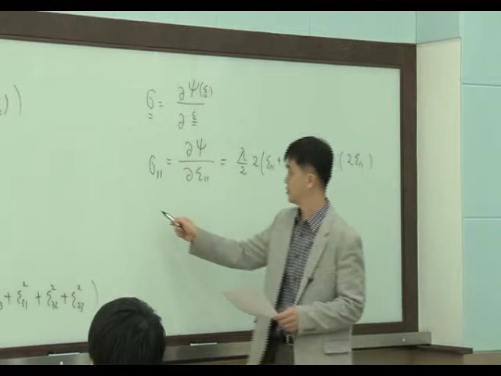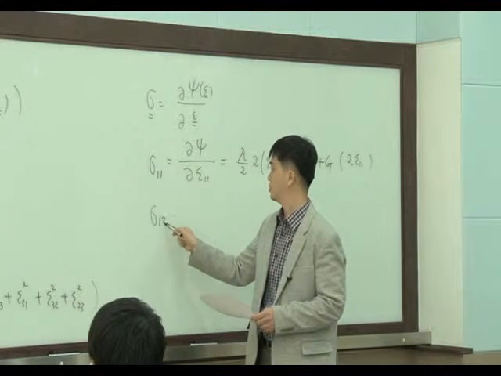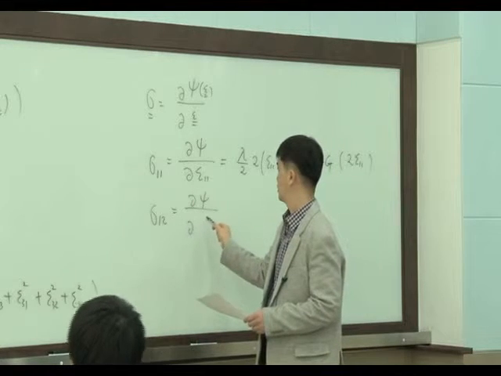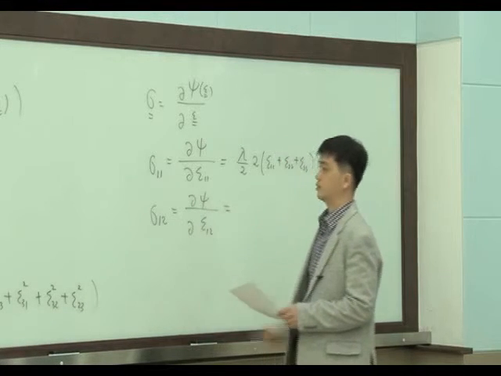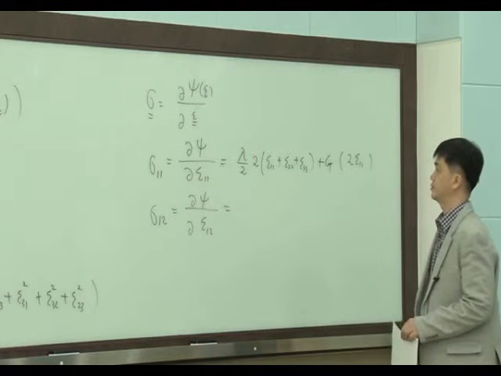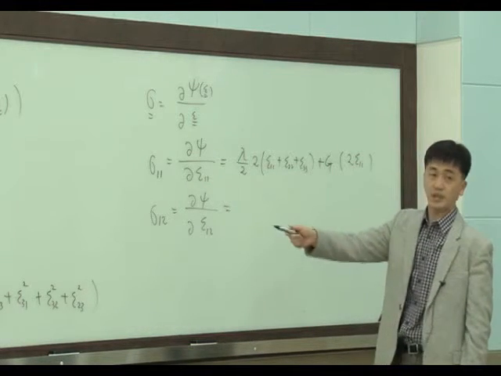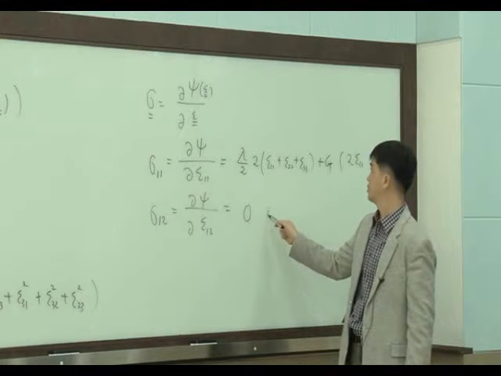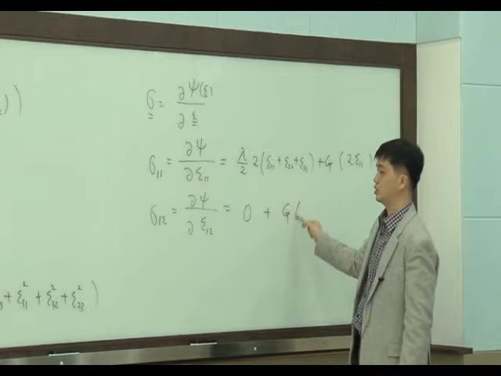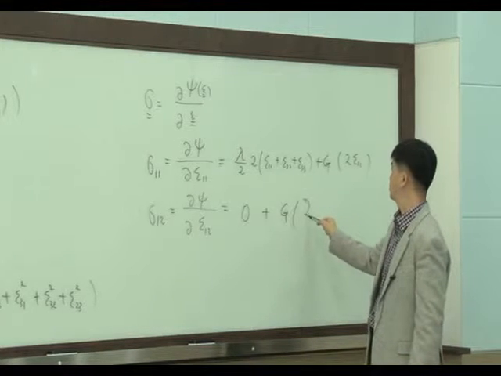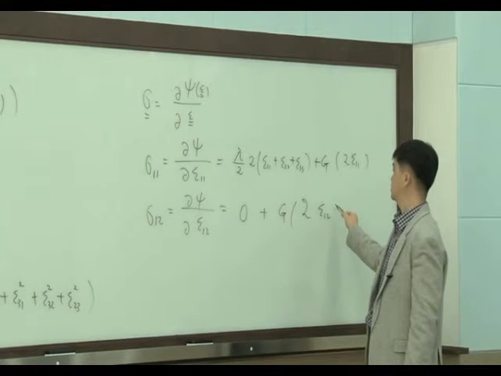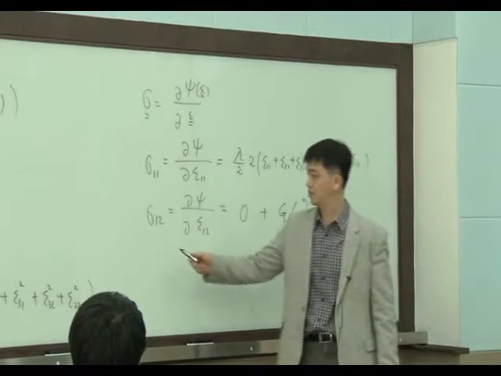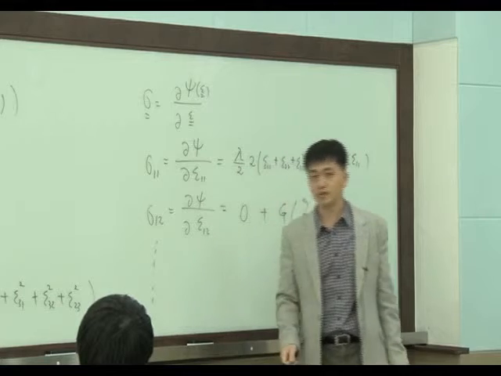How about stress 12? Stress 12 is the derivative with respect to strain 12. For the first term, we have 0, right? Plus G, 2 strain 12. That's it. We can do this job nine times, right?